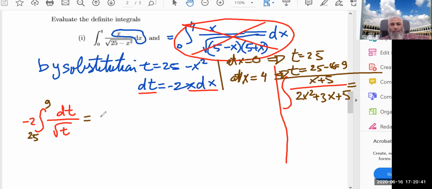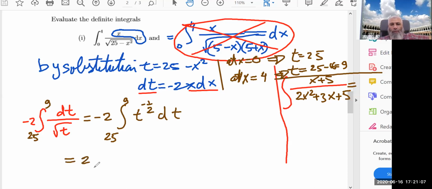Here, do we have a simple direct rule for this equation? Yes. -2 root, integration from 25 to 9 of t power -1/2 dt. We just add 1 to the power. Yes.